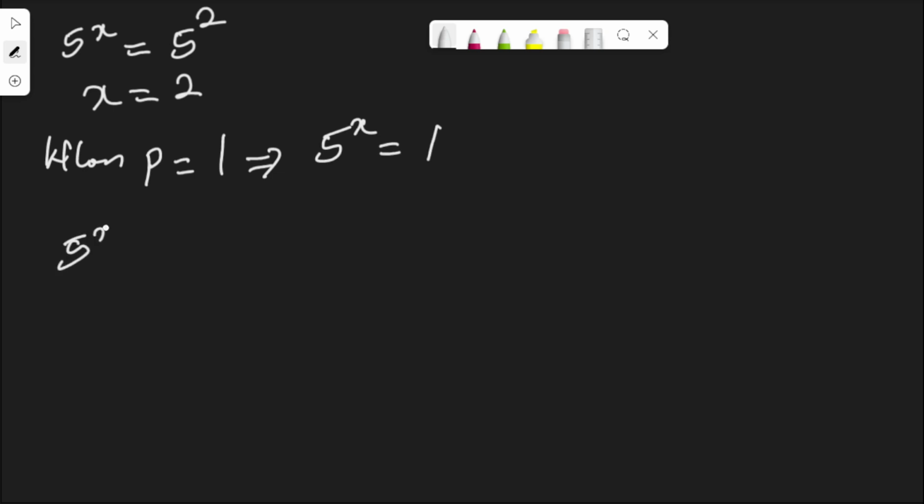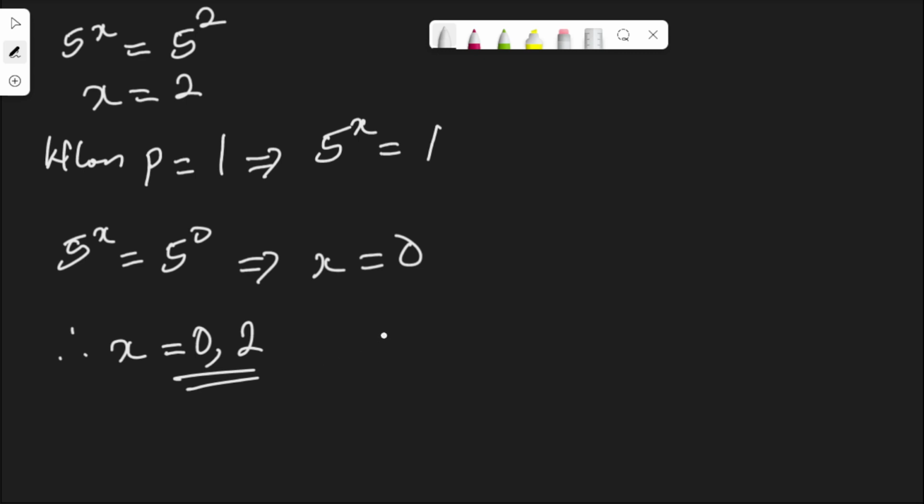So 5 to the power of x, therefore, is 5 to the power of 0, since 5 to the power of 0 is equal to 1. Hence, x equal to 0. Therefore, the final answer is x equal to 0 or x equal to 2. That is that for question number 1.